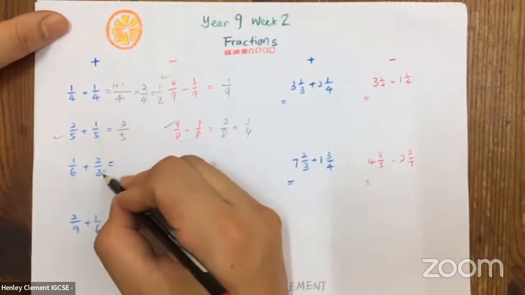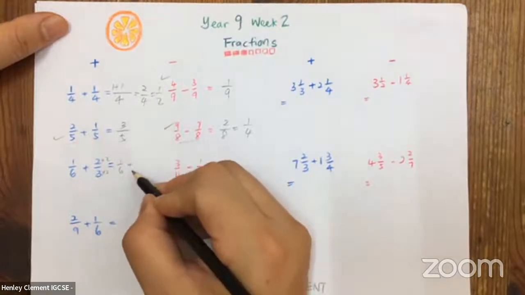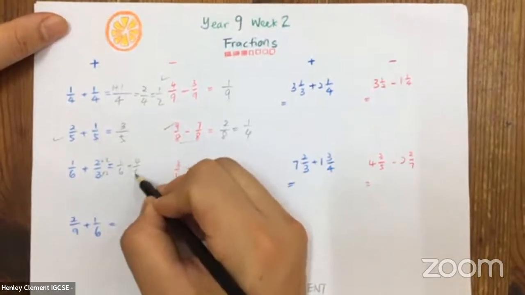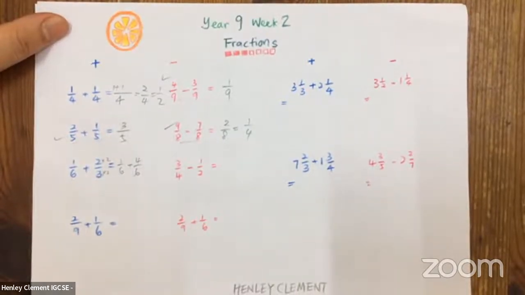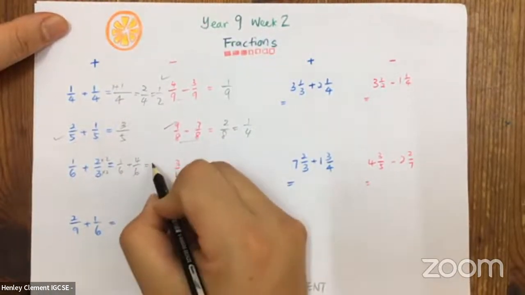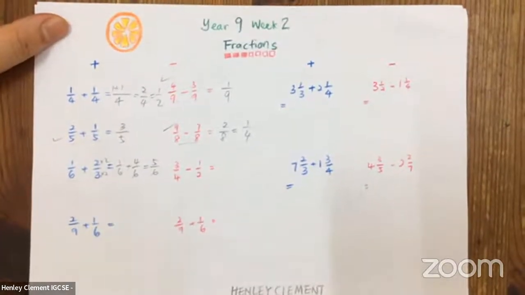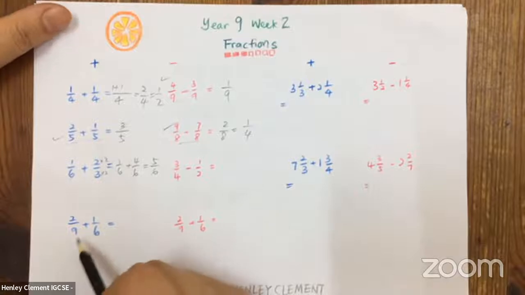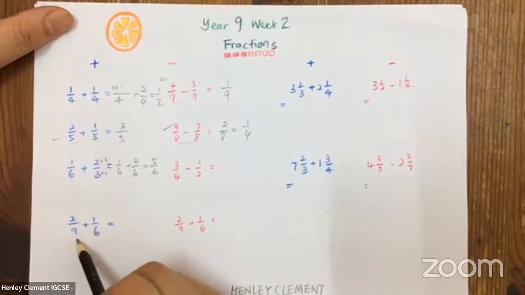So this one will times 2, this one also times 2, so it will be 1 over 6 plus 4 over 6. Because 2 times 2 will get 4 pieces. So 1 plus 4 will get you 5 pieces in total. This is the size of the plate. Again, this is not that easy. This is only times 2 on one side, but this one you need to do both.